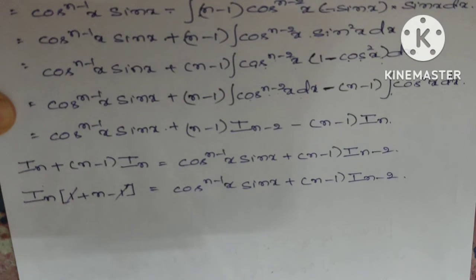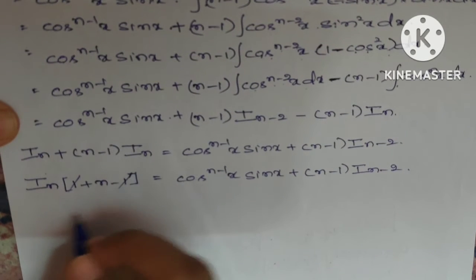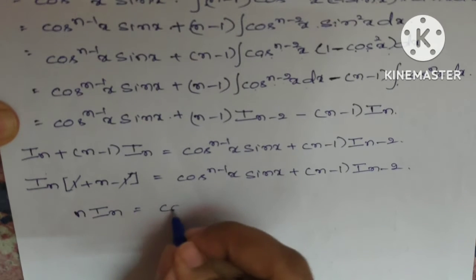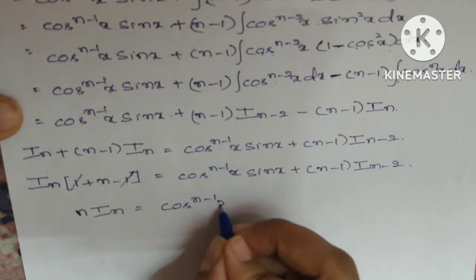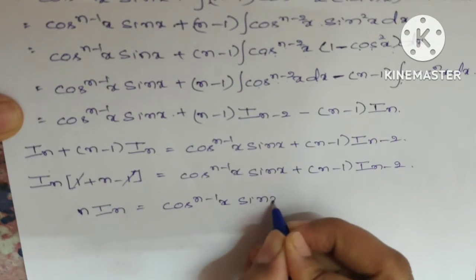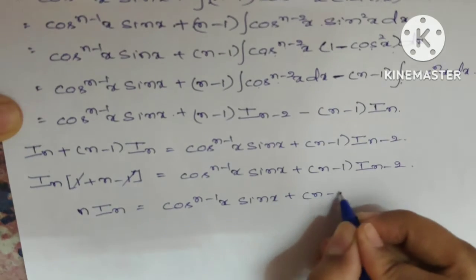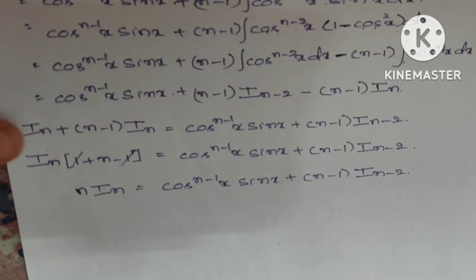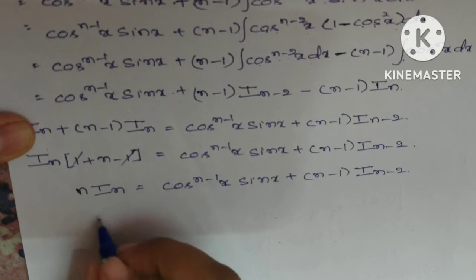So here plus 1 minus 1 will get cancelled. The remaining will be n into In equals cos power n minus 1x sin x plus n minus 1 into In minus 2. Now I'll divide both sides by n.